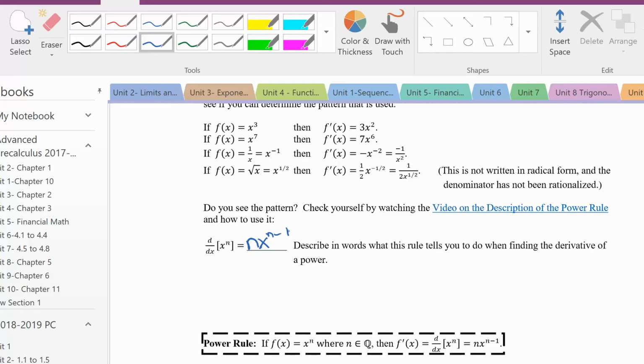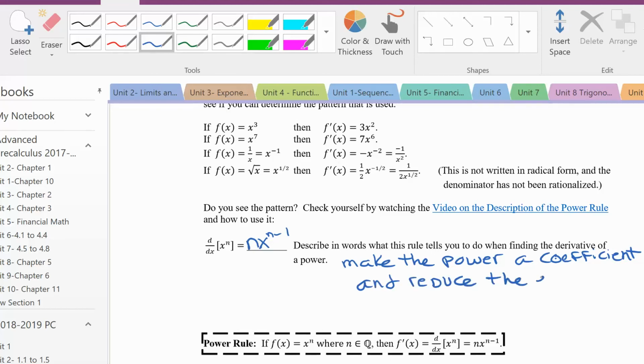All right, so in words, you're going to make the power a coefficient and reduce the exponent by 1.